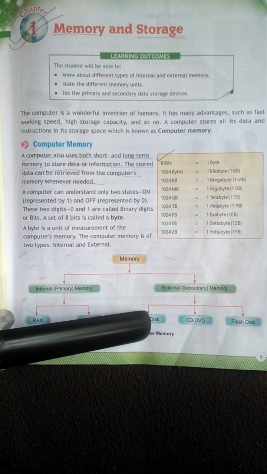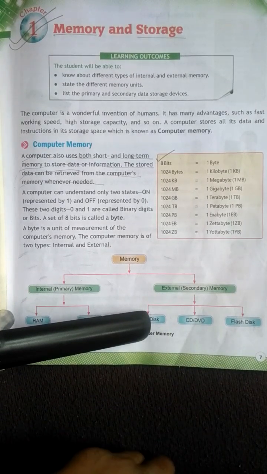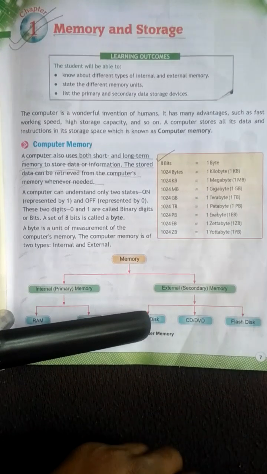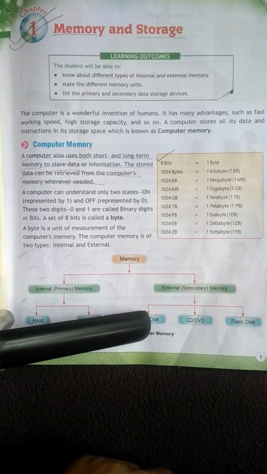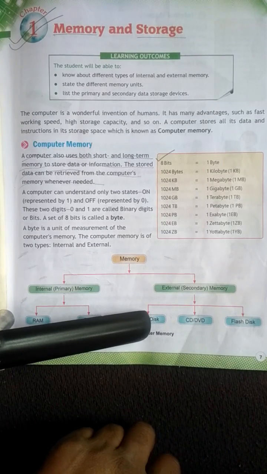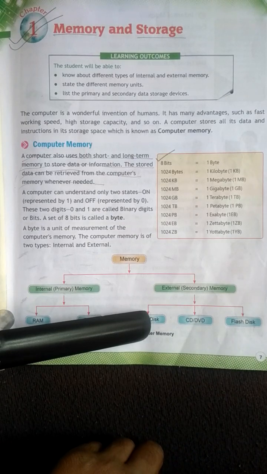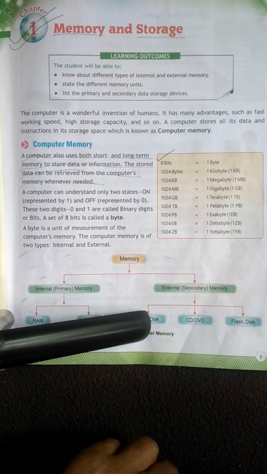Before starting this chapter, we can see the computer is a wonderful invention of humans. Computers are very important for human life as well. It has many advantages, such as fast working speed, high storage capacity, and so on. A computer stores all the data and instructions in a storage space, which is known as computer memory.